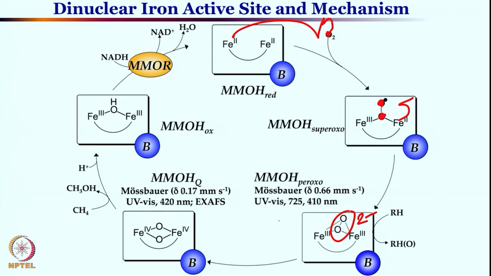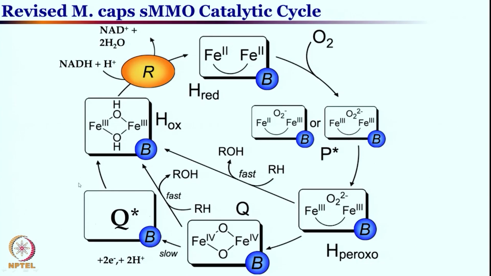From there on the oxygen bond can be cleaved to give you the bis mu-oxo, where the oxides are O2 minus, iron 4 and iron 4. It was iron 3; this oxygen bond cleavage gives you iron 4. Now the methane comes and reacts with this Q intermediate. This is the intermediate Q, which is responsible for the methane activation to give you the methanol product.